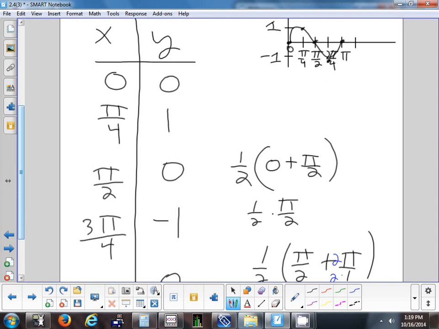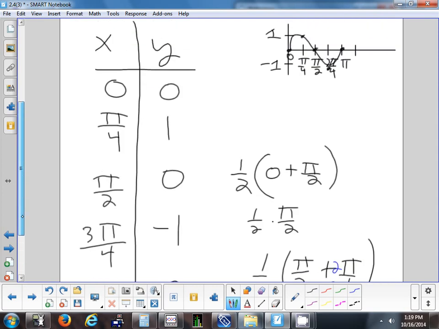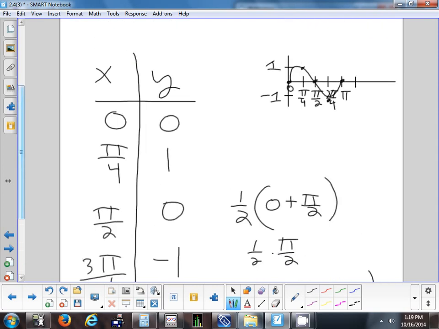So that's 0, I didn't label 0. Then I just put pi over 4, pi over 2, 3 pi over 4, and pi. Pi over 4, that's the average of 0 and pi over 2. So we added them up, and then took half. Some people say divide by 2, but taking half of something is the same as dividing it by 2.